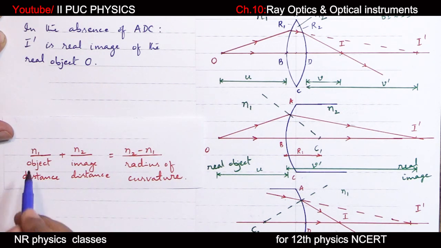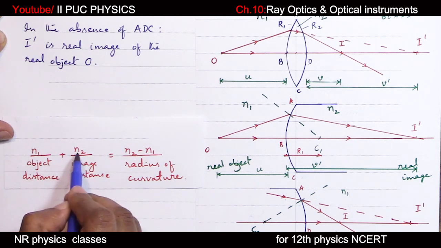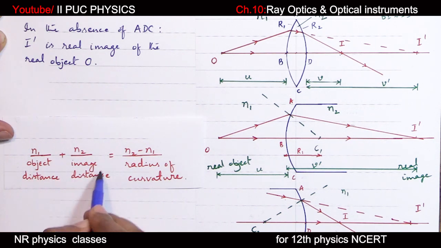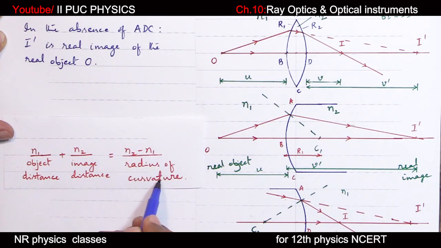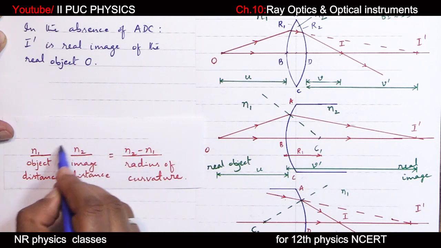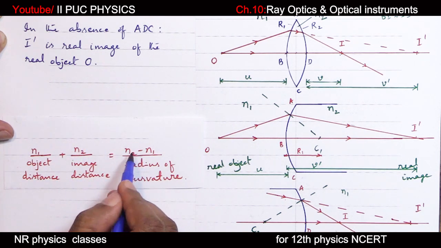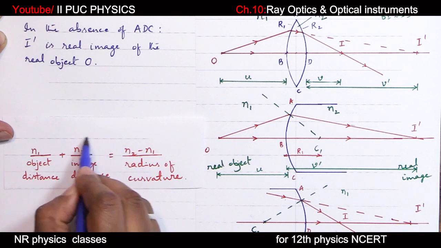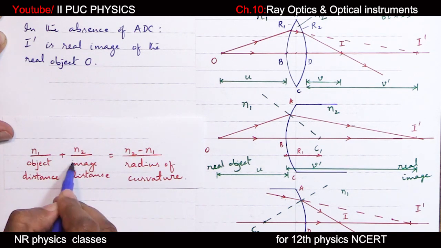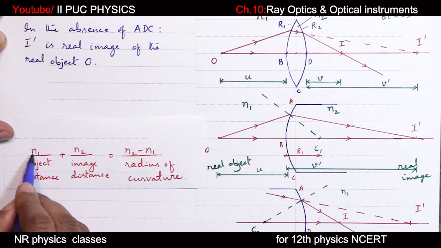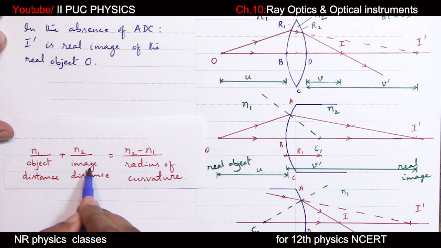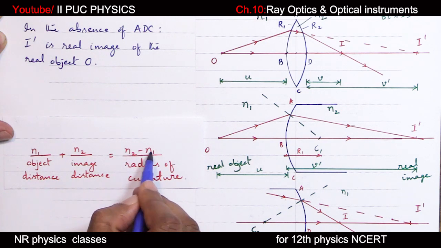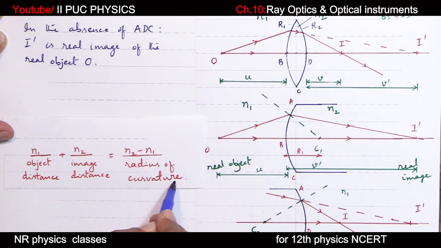In one of the steps, we get N1 by object distance plus N2 by image distance equal to N2 minus N1 by radius of curvature. This is not the final expression. Students, please pay attention. Just before the final expression, we get N1 by object distance plus N2 by image distance equal to N2 minus N1 by radius of curvature.